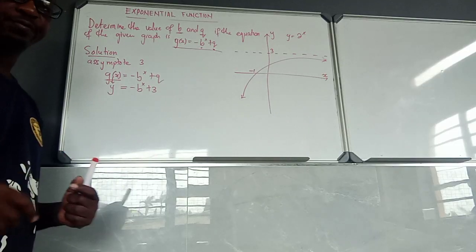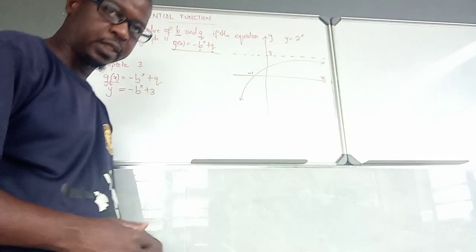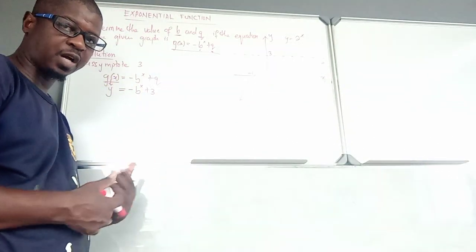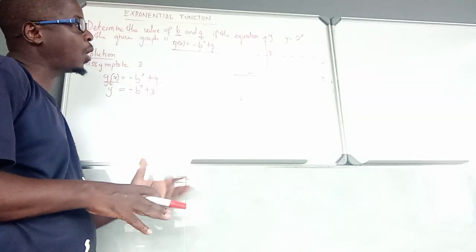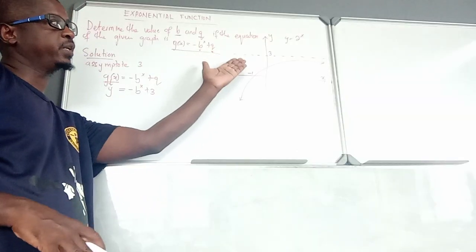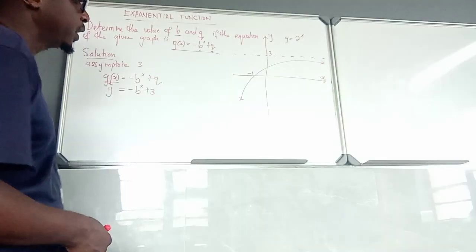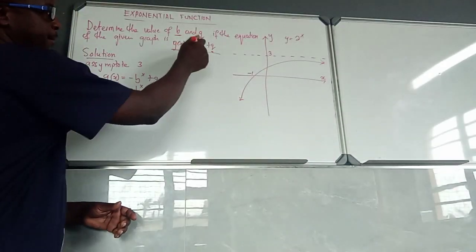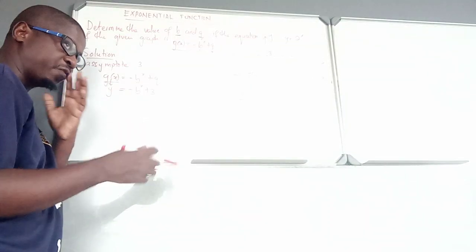Since we're being asked to determine what b is, some of you already know what our q is already. Our q is 3. But let's move on to find what our b is, or how we can find the value of b.